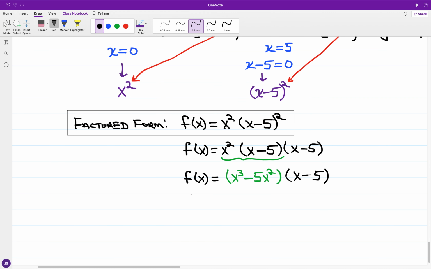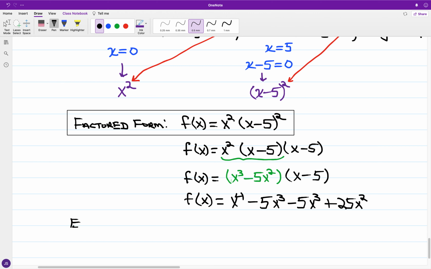And we're going to have in the layout, with f of x, x cubed times x, so this will be x to the fourth. Then we have the outside product, minus 5x cubed. Inside product, we also have negative 5x cubed. And then the last product is going to be 25x squared.